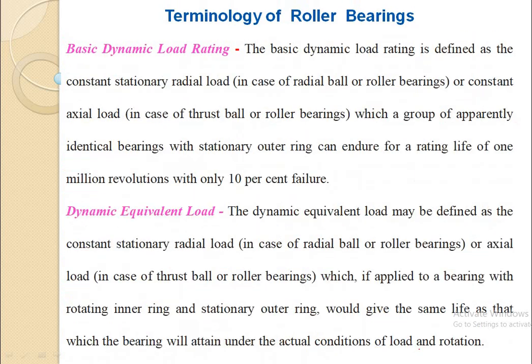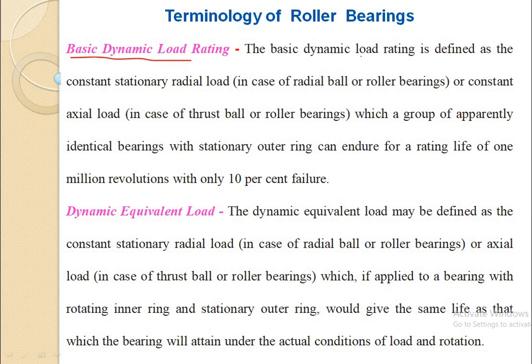Understood? Next is the basic dynamic load rating. In previous slide we have seen what is meant by the basic static load rating. In the same manner we will understand what is meant by the basic dynamic load rating. Dynamic means there is a change in load.